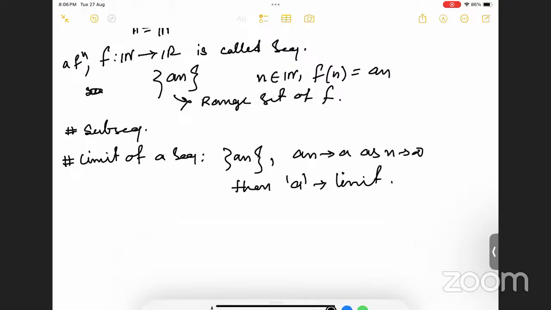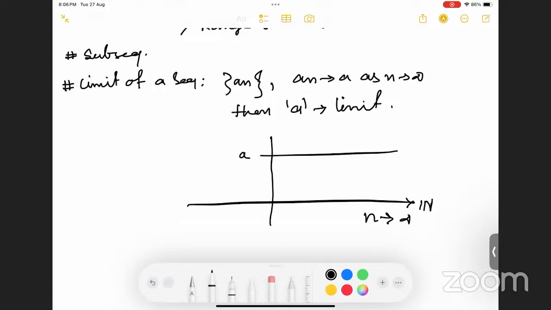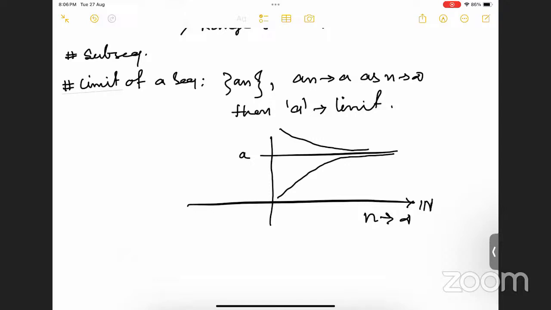Graphically, on the Cartesian coordinates, this is our a, and suppose this is the natural number axis. When n tends to infinity, the sequence may be something like that, tending to a, or it may be something like that, tending to a. That means when n tends to infinity, the functional value will tend to the point a.